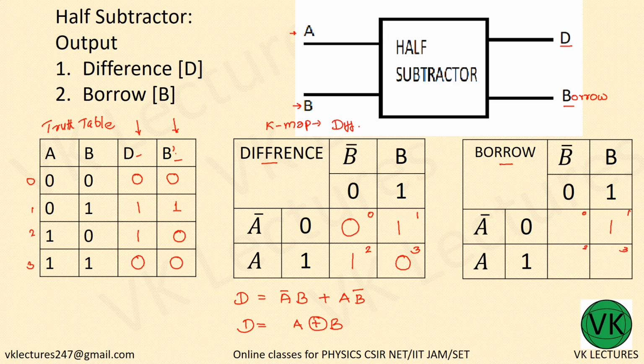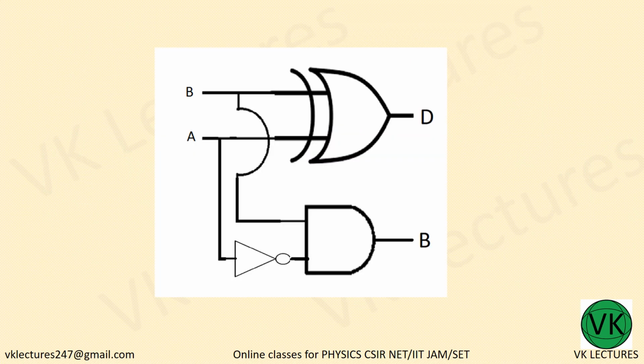So at 1, all others are 0 for the borrow output, which means A bar B. So the borrow output B dash is equal to A bar B. Here we have the digital circuit corresponding to half subtractor.